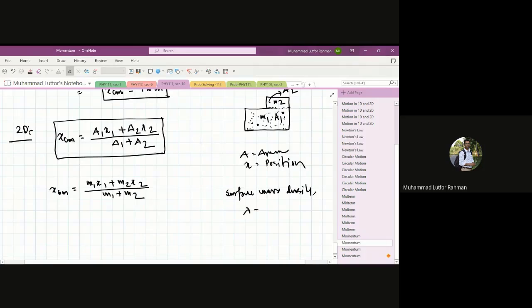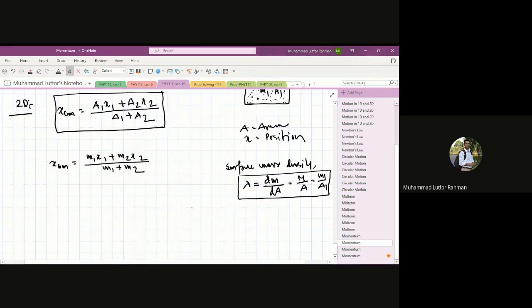If I take the differential element of the mass divided by the differential area, or the total mass divided by the total area, or m1 divided by a1, that must be the same. Do you understand this? This is for homogeneously distributed mass.